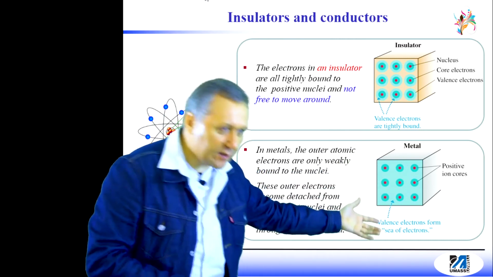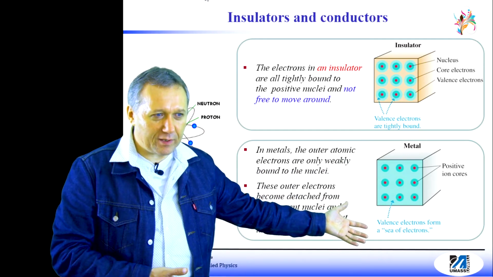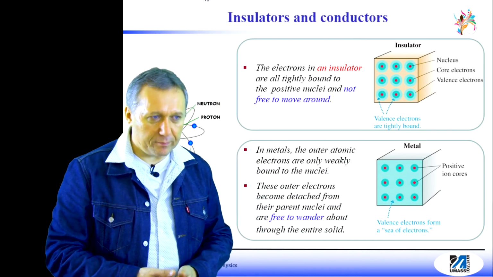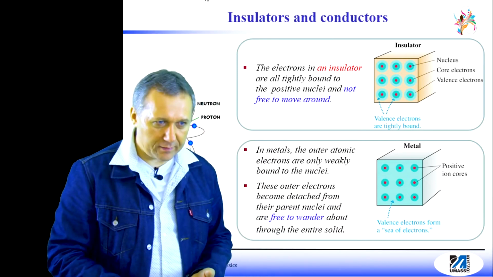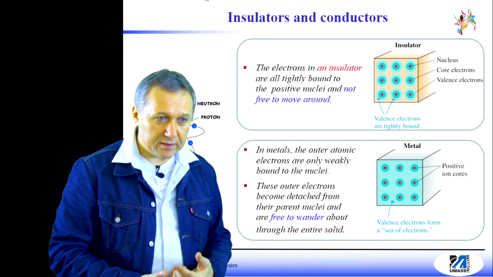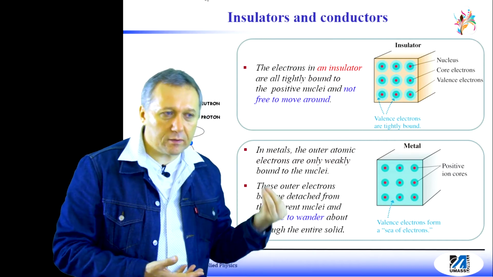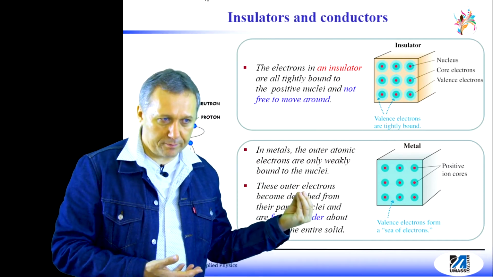Even if you just sneeze maybe on that piece of a conductor, a few additional electrons will appear, will become free, right? As a result, this piece of metal has tons of free electrons.